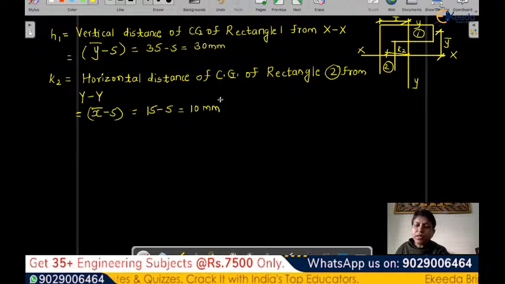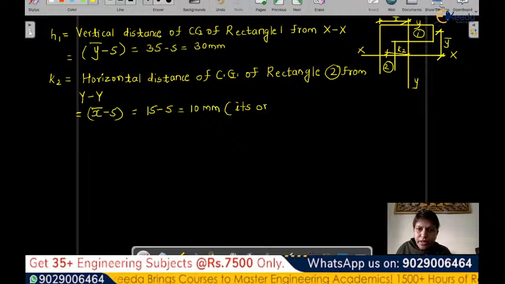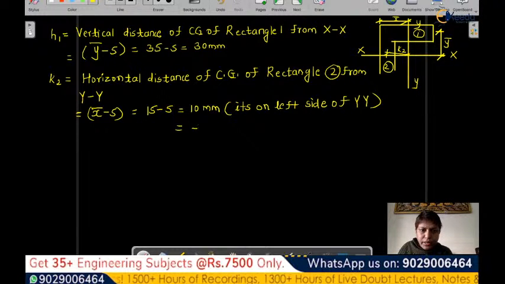It is towards the left of YY, so this will be negative K2 because it is on the left side of the YY axis. So we will write it as minus 10 millimeter.